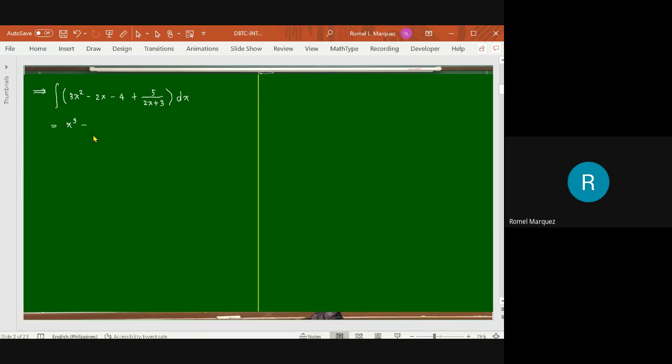X squared po. X squared over 2. Cancel. Hindi po, no? X squared lang po. Oh, x squared only, no? Minus 4x na? What about the last term? 5.